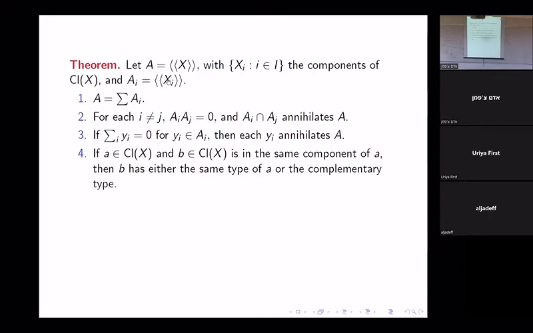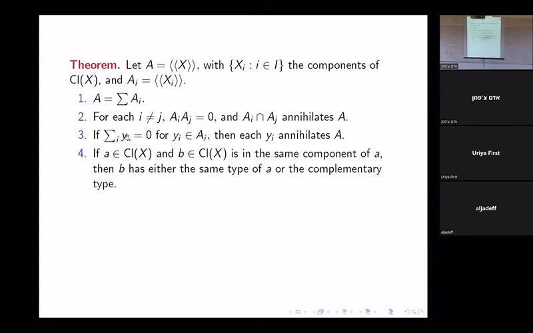A_i is generated by the closed components, and A will be a sum of the A_i. And A_i A_j will be 0 for any i not equal to j. But A_i intersect A_j need not be 0. It annihilates A, but it doesn't have to be 0.